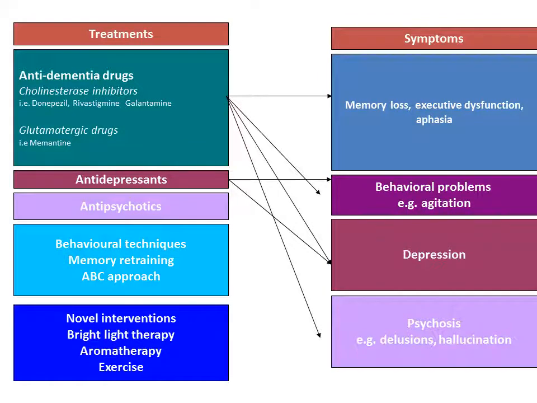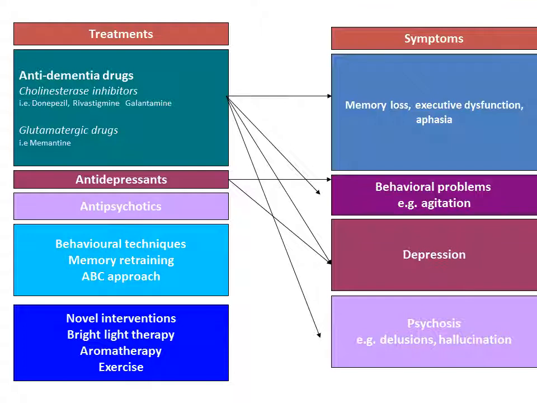Here we will talk about the treatment. Anti-dementia drugs, which are the cholinesterase inhibitors like donepezil, rivastigmine, and galantamine, or glutamatergic drugs like memantine, antidepressants, antipsychotics, behavioral techniques, memory retraining techniques, and the ABC approach.